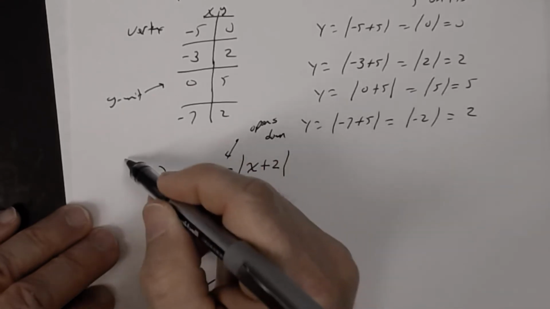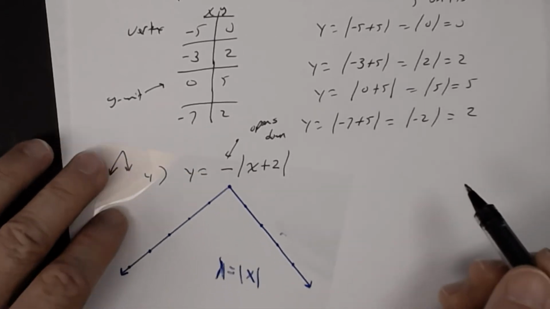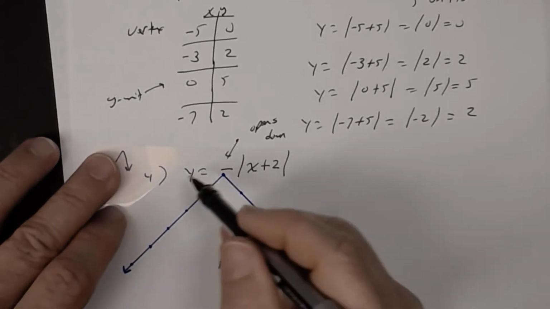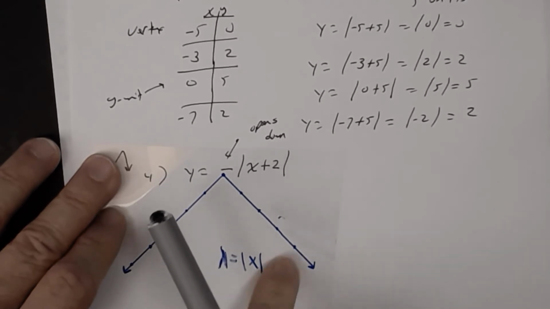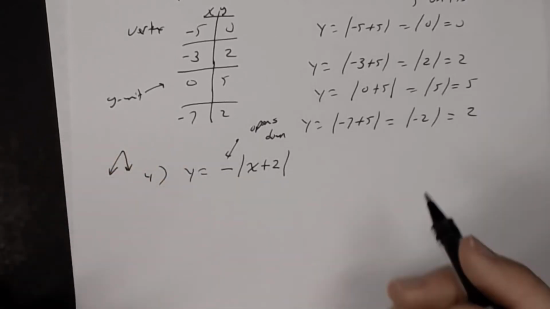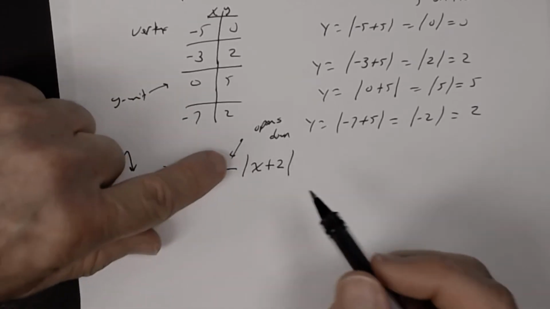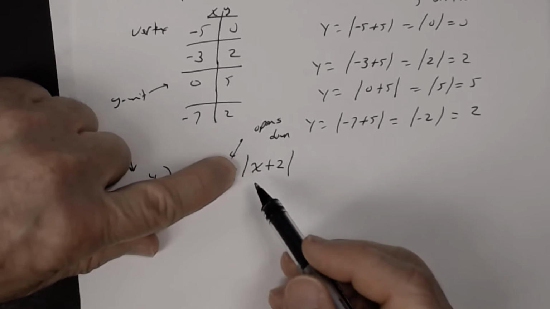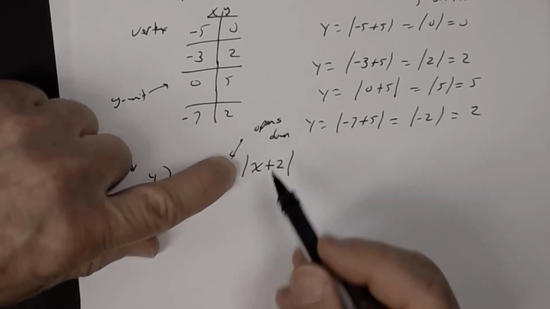So you're going to get a graph that's going to look like this. Okay? So think this. So that negative makes it do this. All right? Makes it open down. The horizontal shift is still the same. So if I cover this up, always do the negative last. So if all you had was this, then that would be a horizontal shift which way? To the left 2 units.